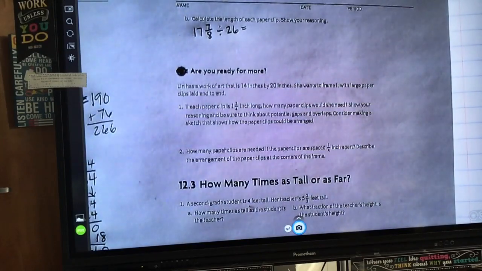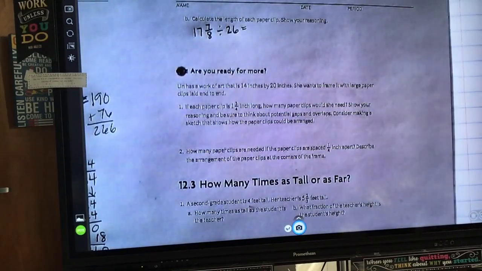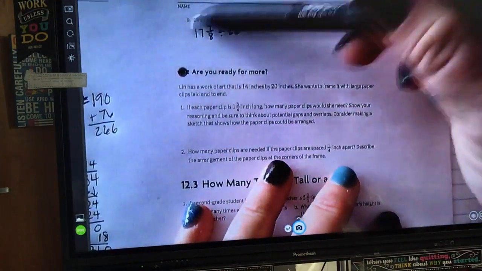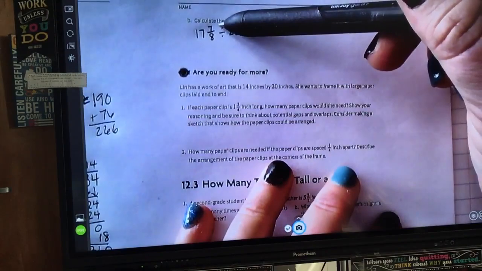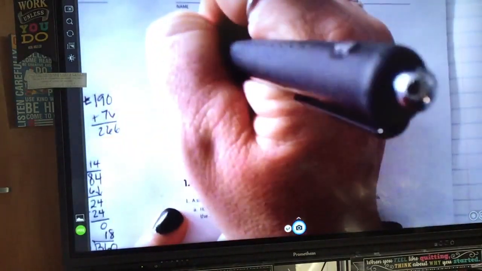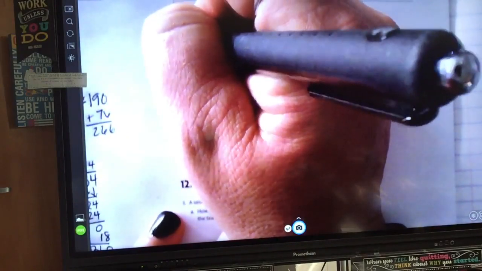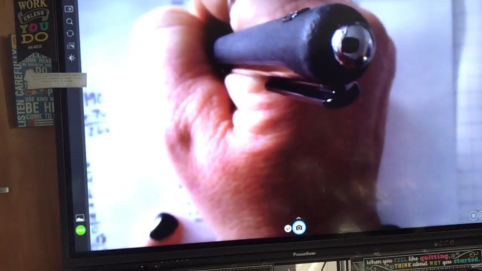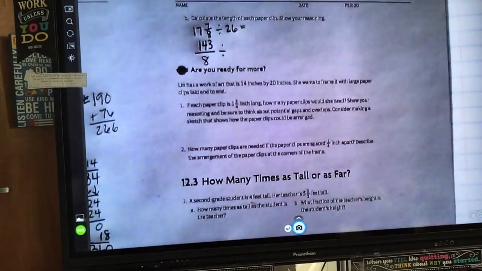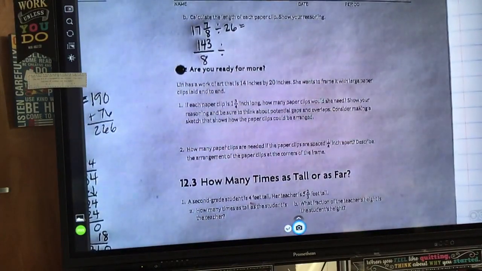All right, let's go ahead and go over this. When you change 17 and 7/8 into an improper fraction, what do you get? Kylie? No, that's the answer, 143 over 8. Then with 26, do we leave it as 26 or what do we have to do with that?